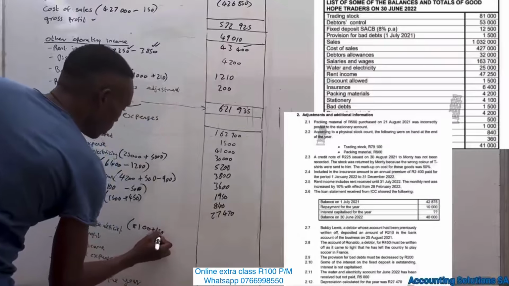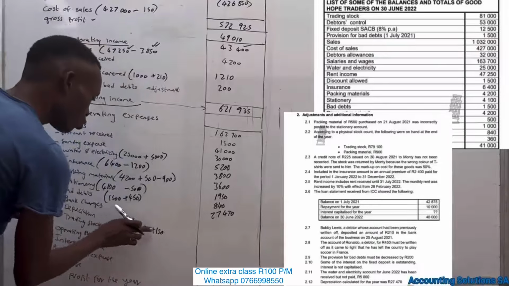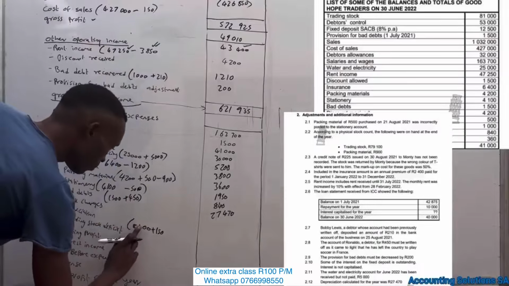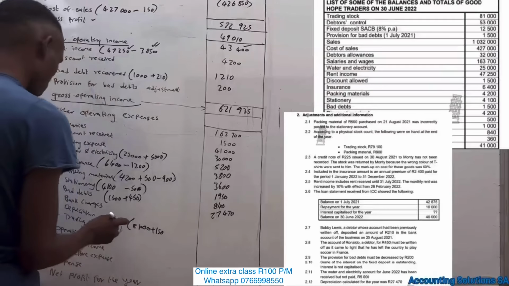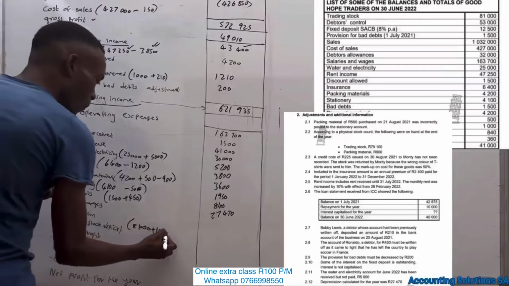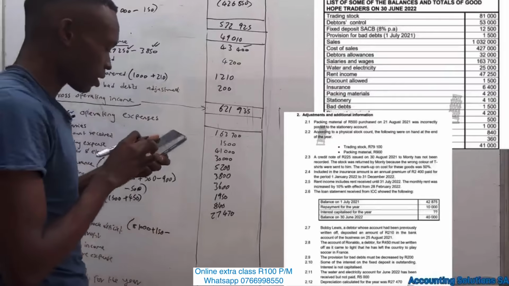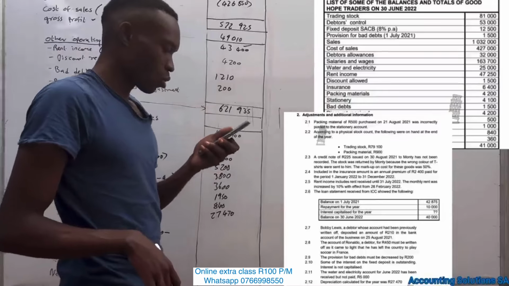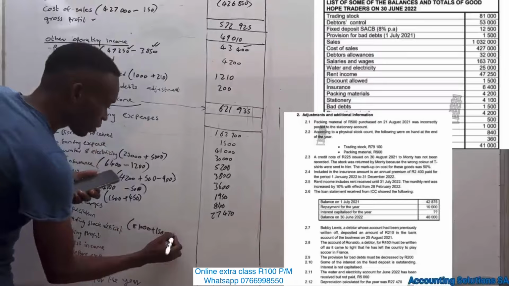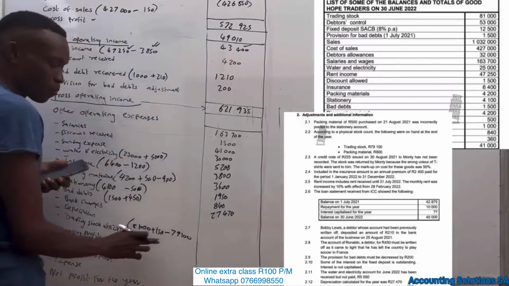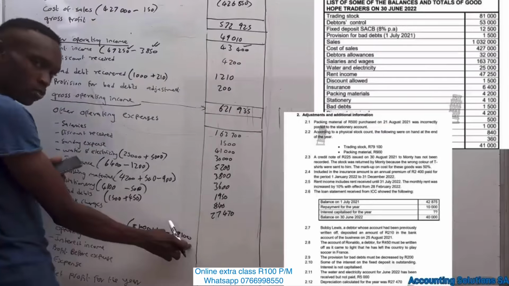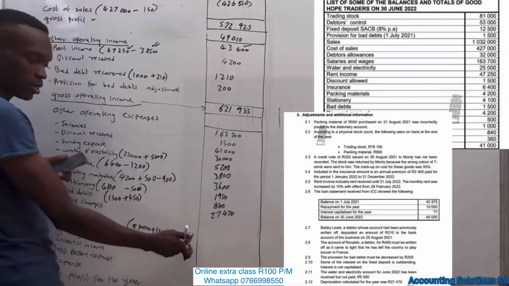Then if we add them together, 1,000, we compare it with the balance at the end.